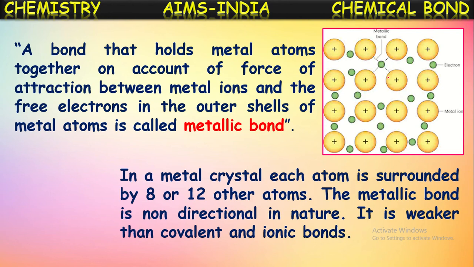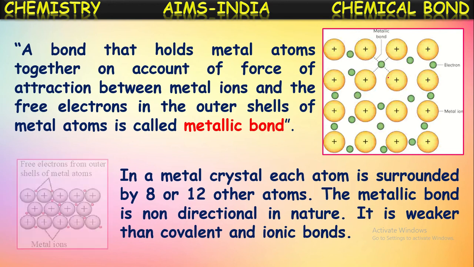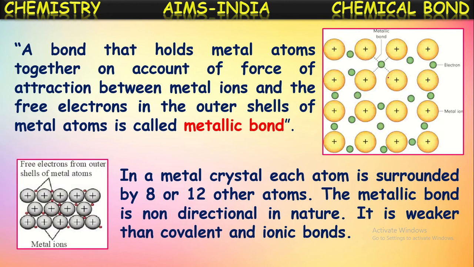In a metal crystal, each atom is surrounded by around 8 to 12 other metal atoms. The metallic bond is non-directional in nature because here also, just like the ionic compounds, each metal atom is surrounded by a number of valence electrons from all the directions. So the attraction between the valence electrons and metal atom occurs from all the directions.